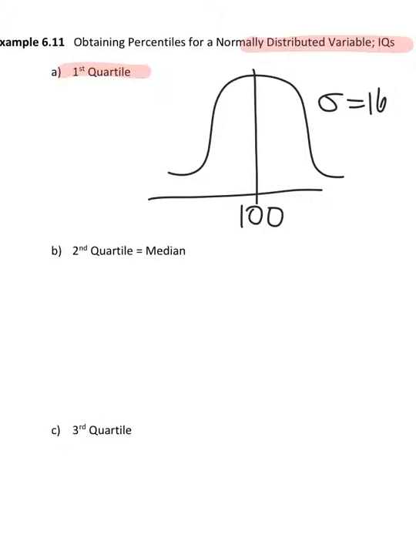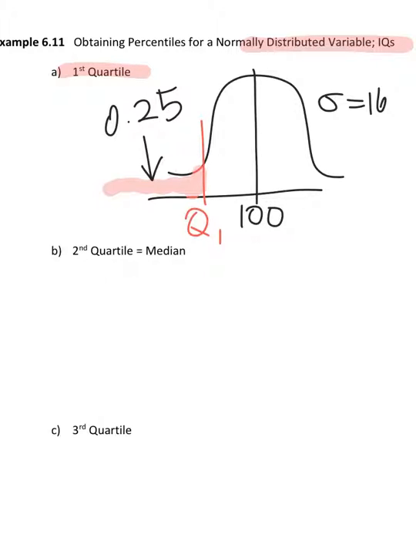To the left, yes, here. Why? Because the definition was, how much was the probability there, less than the first quartile? 0.25, 25%.